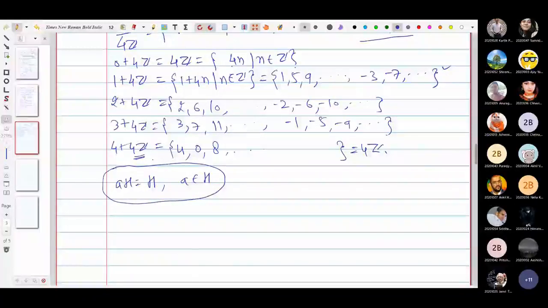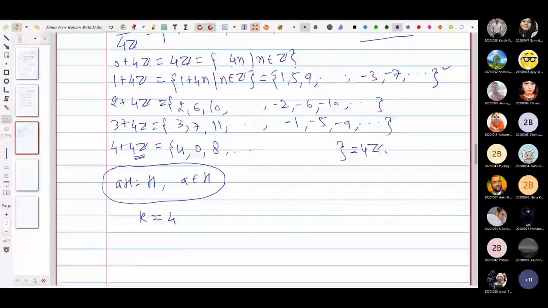So for any general k, we can divide it by 4. So we must have k of the form 4q plus r, where r is greater than or equal to 0 and less than 4. Fine.